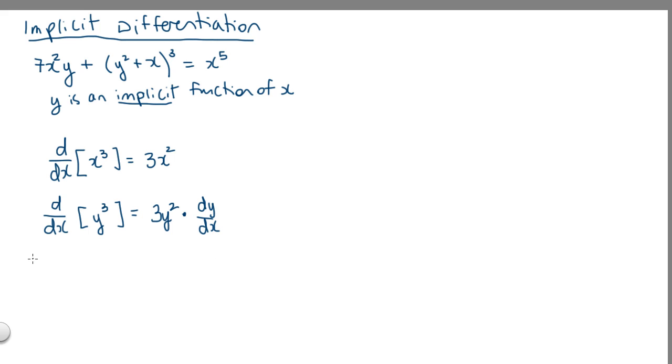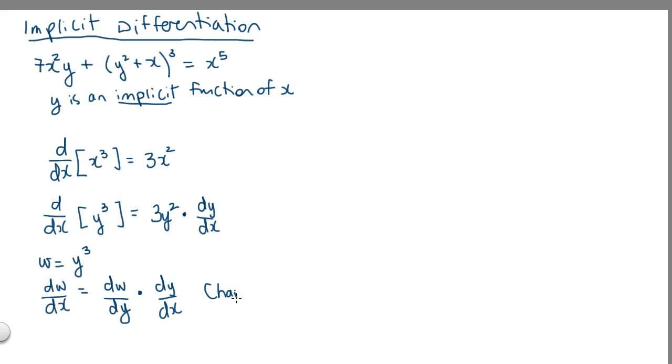So perhaps a better way to understand this is just to introduce a new variable here. Let's say w represents y cubed, and we can think of what dw by dx should equal. dw by dx should equal dw by dy, which we should be able to calculate, multiplied by dy by dx.